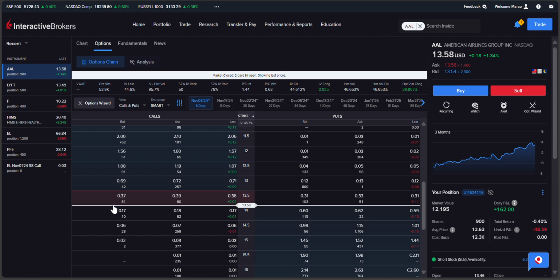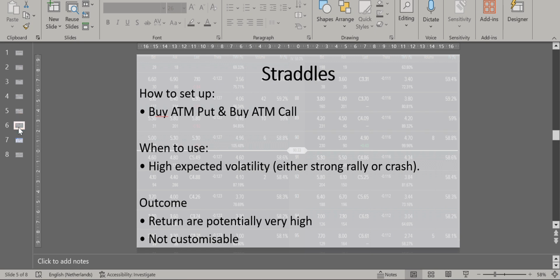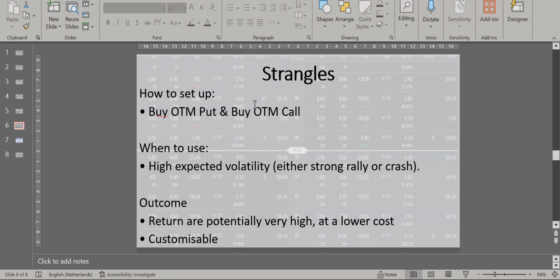Again, it's not customizable, because the short positions have to be done with the ATM calls and puts. And the other strategy that I wanted to show you is also similar to the straddles, which are the strangles. You can use a long strangle or a short strangle. Here we are talking about the long version of the strangle, in which you buy an out of the money put and an out of the money call.